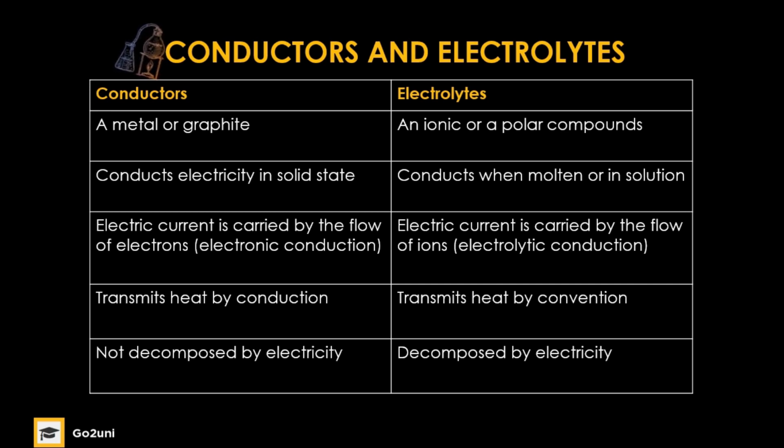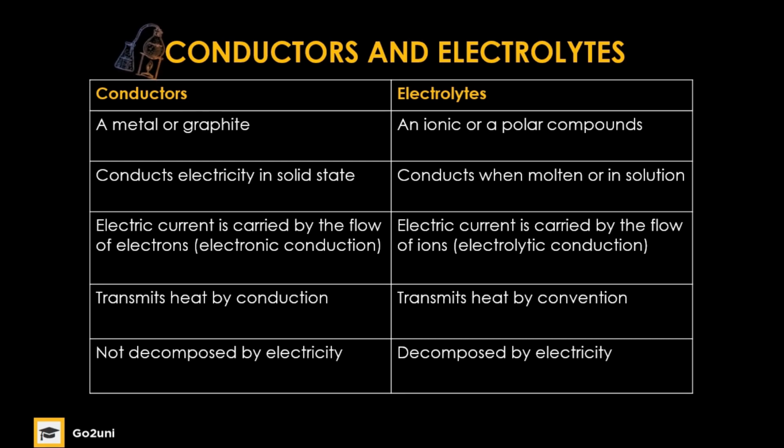And apart from metals, there are other substances too that can conduct electricity, and they are called electrolytes. But electrolytes are not the other form of conductors, that is the metallic conductors. So we are now looking at electrolytes as conductors and metallic objects as conductors, or simply, conductors. So what are their differences?